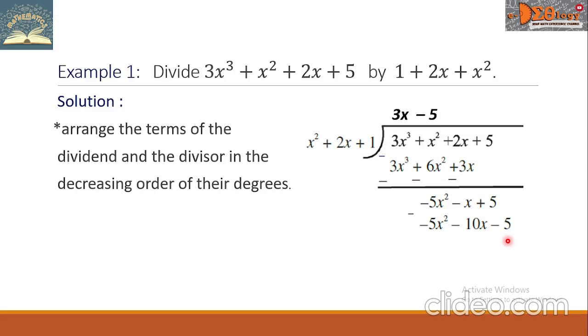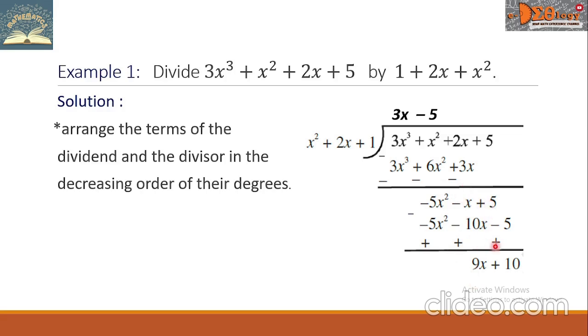Then we subtract. We will change the signs of the terms of our subtrahend. This negative 5x squared becomes positive. The negative becomes positive. This negative 5 becomes positive. Then we add. This negative 5x squared and positive 5x squared will cancel out. Then this negative x plus the positive 10x is 9x.